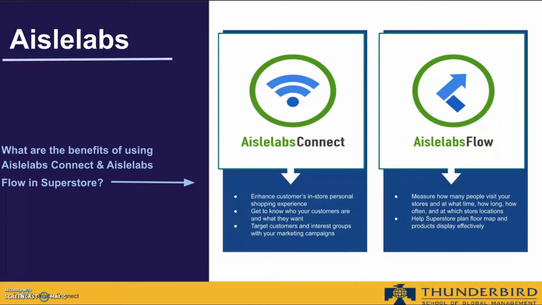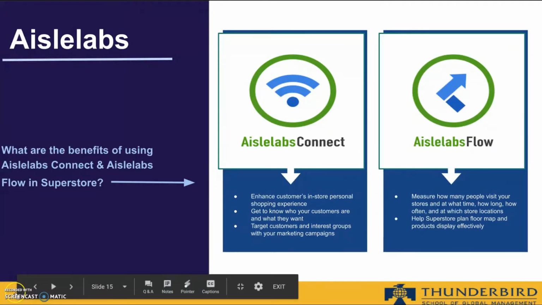By doing so, Superstore can get demographic information such as age, gender, and interest from customers who have opted in using their Facebook accounts, what they have liked on the platform, and which pages they follow. This gives Superstore valuable information about who they are and what they want.